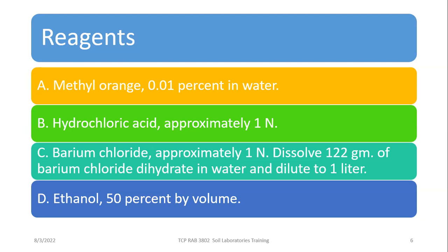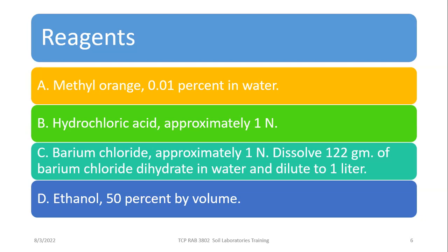In this methodology, as I said, the idea is that you will precipitate barium sulfate. In other cases, you can use calcium chloride, and in both cases you will precipitate barium sulfate or calcium sulfate.